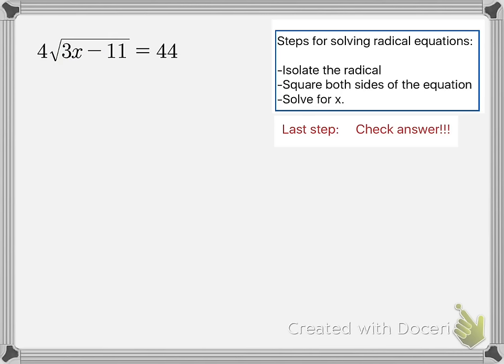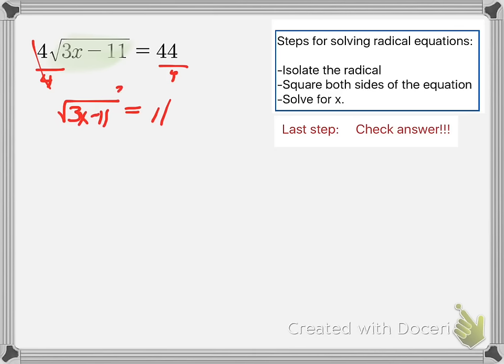So example 2. Start off by getting your radical by itself. So that means you gotta get rid of that 4. Since it's multiplication, you want to do multiplication through division. 4 divided by 4 is 1. 44 divided by 4 is 11. Now the second step, which is square both sides.